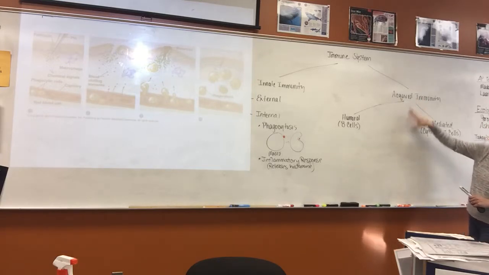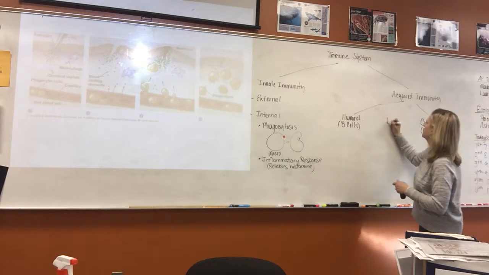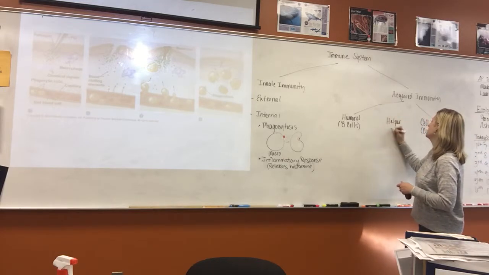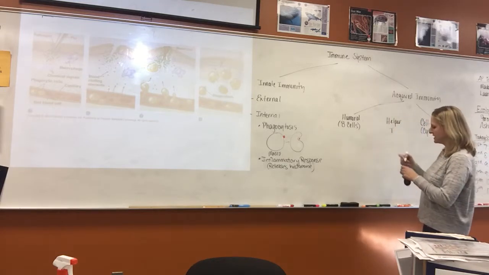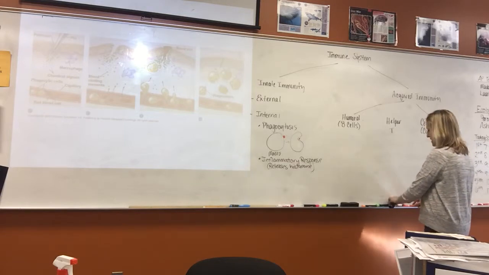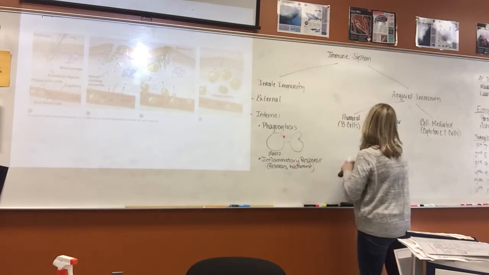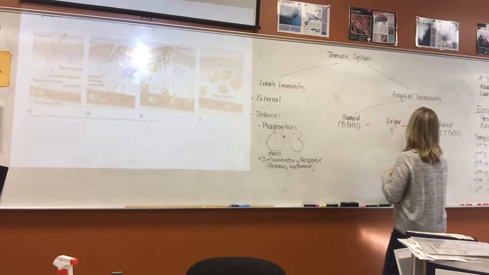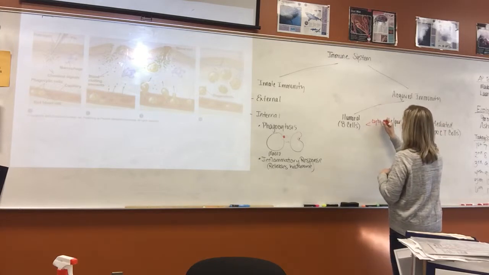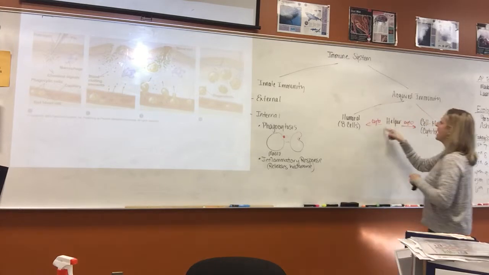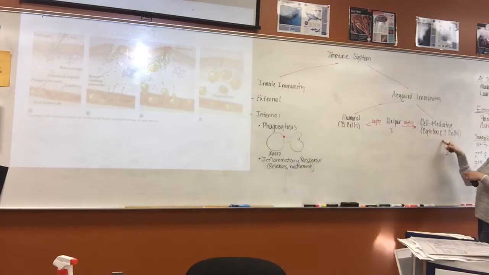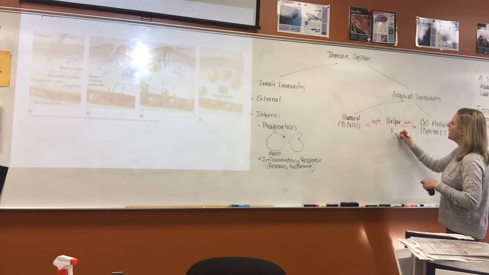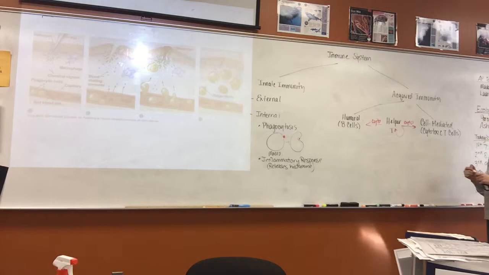Acquired immunity, we talked about yesterday. Let me write the helper T cell again. And remember, the helper T cell releases a chemical called cytokines that activate B cells, activate cytotoxic T cells, as well as activate themselves. So let's talk about what that means.